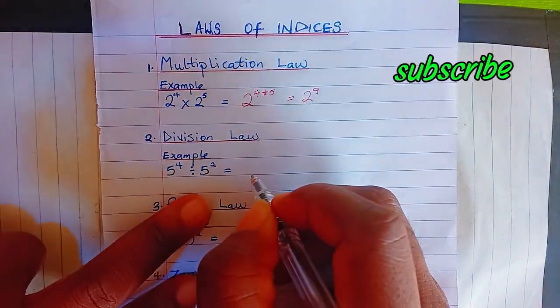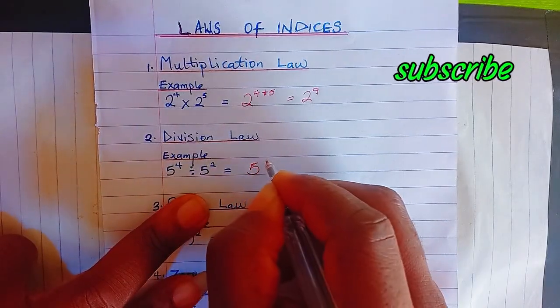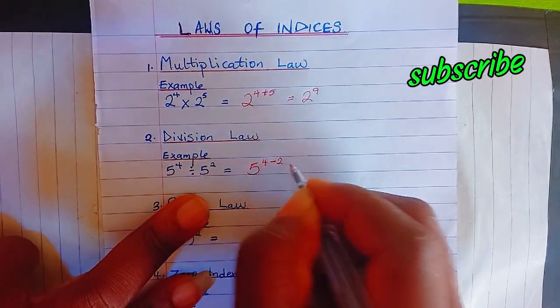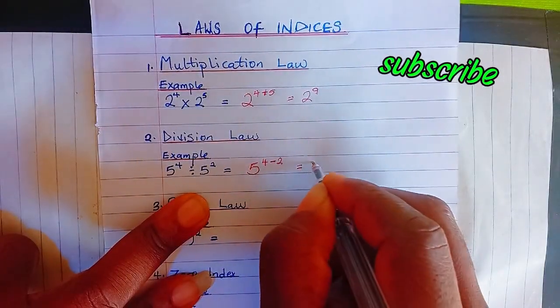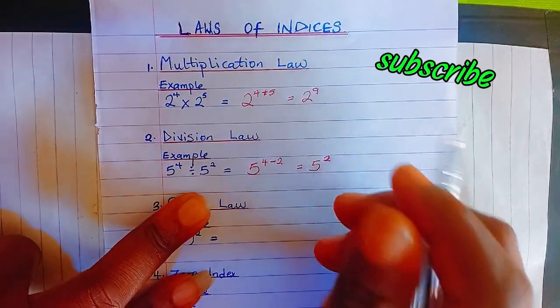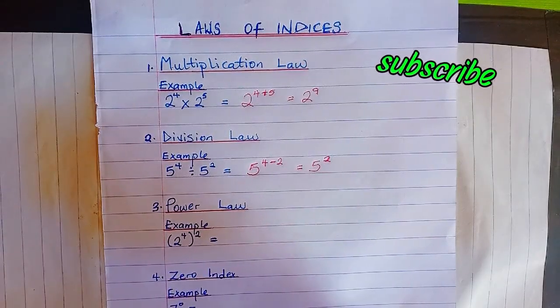So for this one, we are going to have their base, 5, to the power 4 minus 2, which will give us 5 squared, equals 25. This one is for division law.